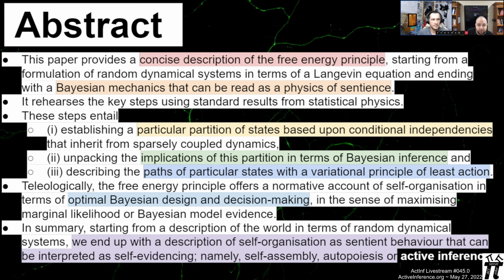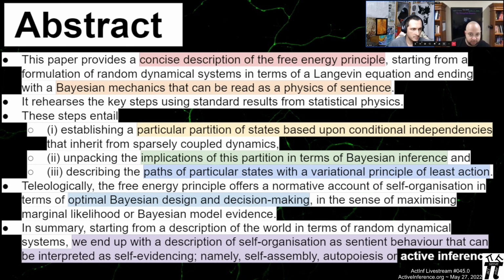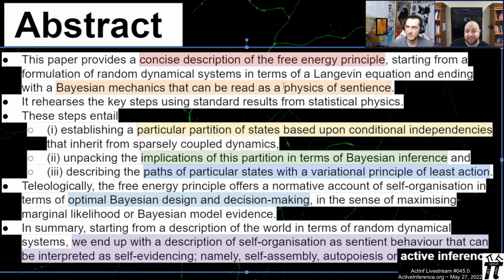This paper provides a concise description of the free energy principle, starting from a formulation of random dynamical systems in terms of a Langevin equation and ending with a Bayesian mechanics that can be read as a physics of sentience. It rehearses the key steps using standard results from statistical physics.